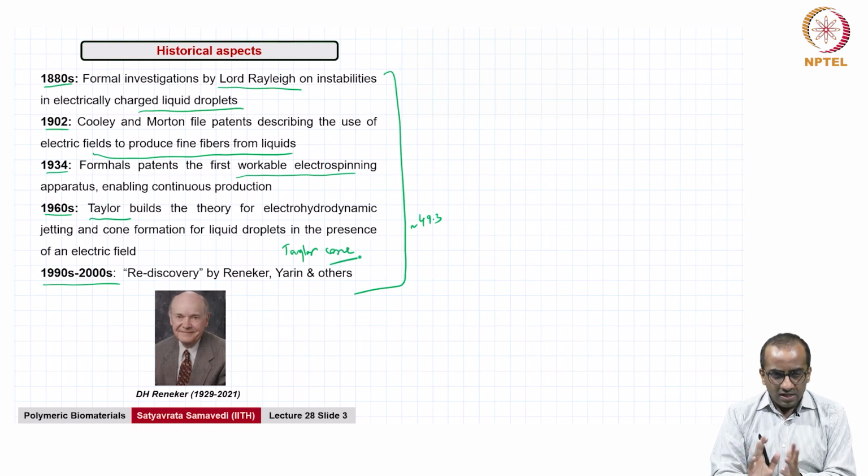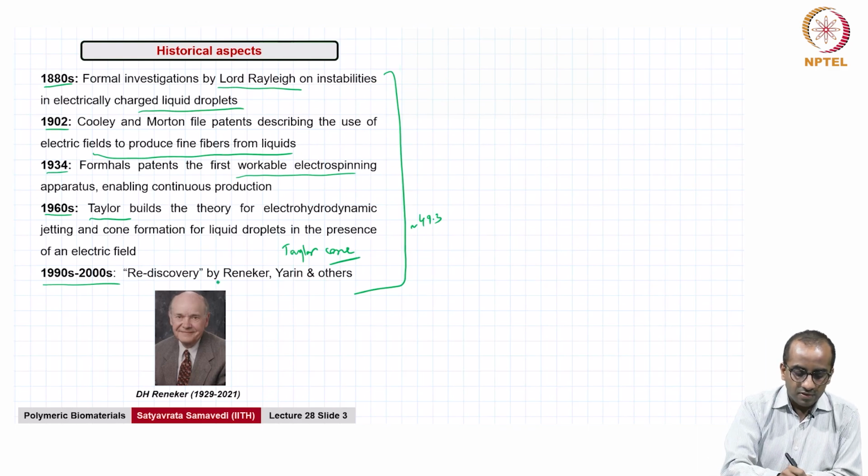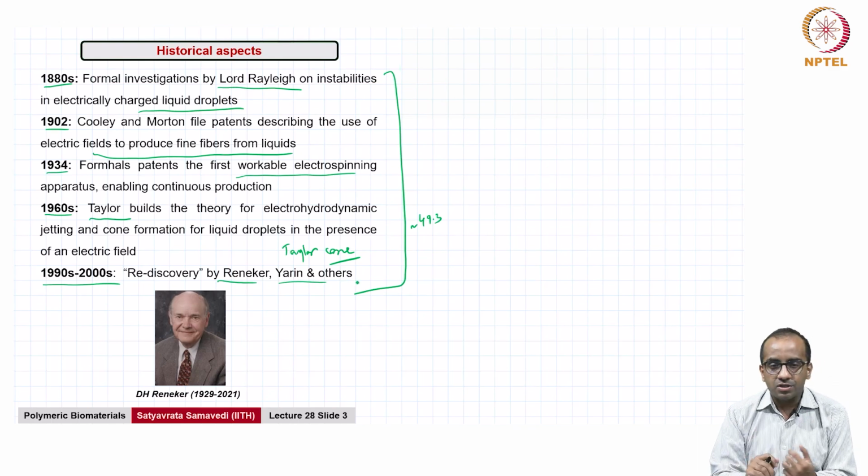Thereafter, there wasn't much practical use or interest in electrospinning after Taylor's work. The technique itself didn't have a lot of traction until the 90s, when the process was essentially rediscovered by Renneker, Yarin and others, to the point where now, 30 years later, the field has just boomed.